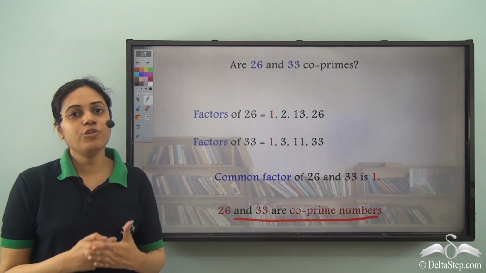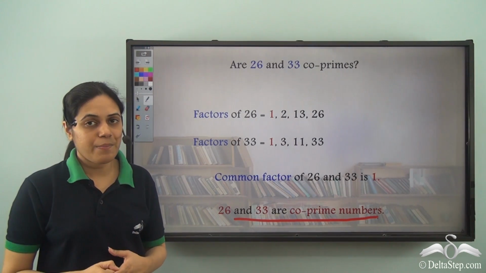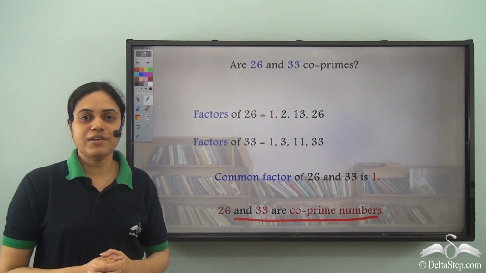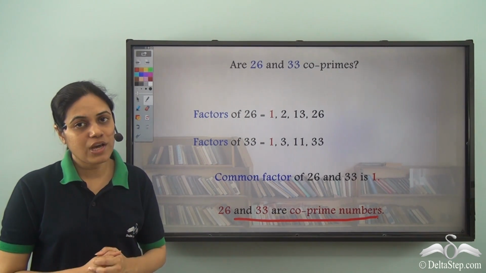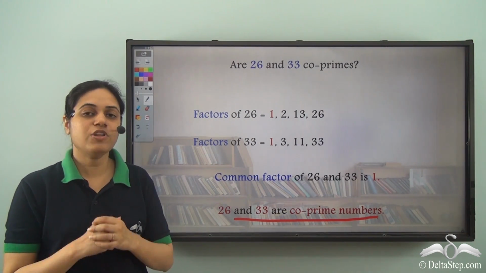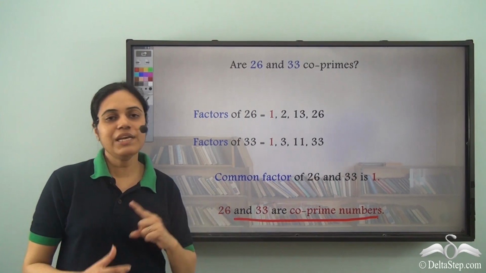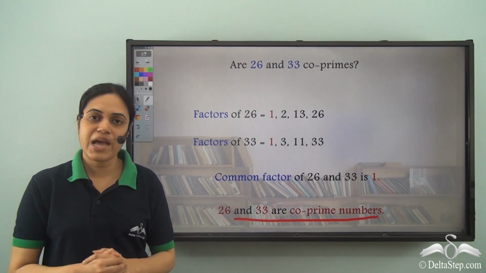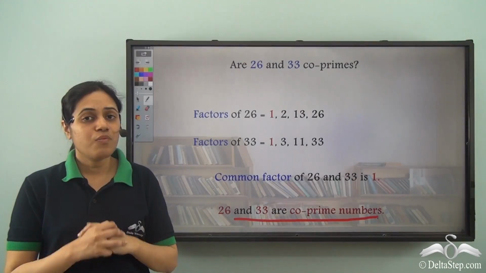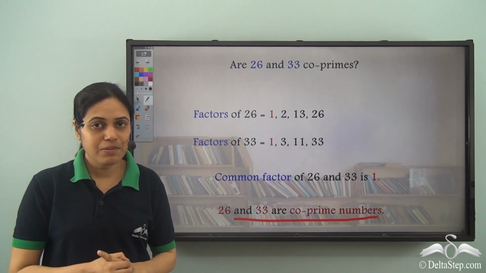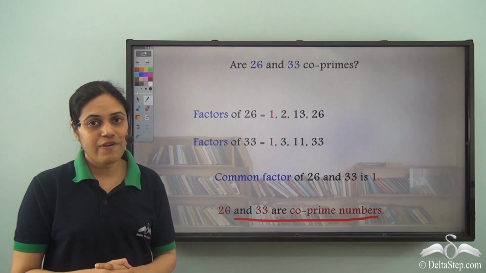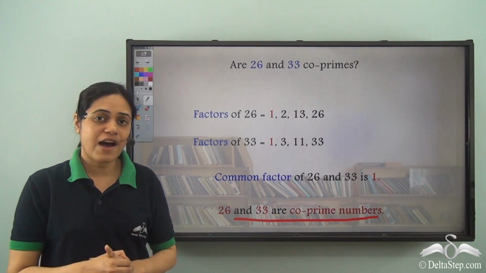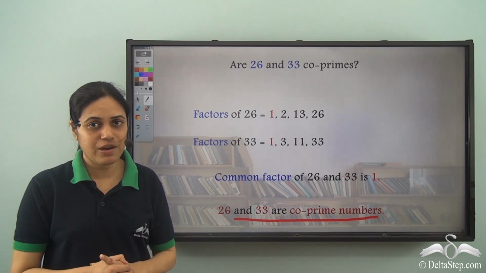So this is how you can find whether two numbers are co-prime numbers or not. Find out the common factors and see what the common factors are. If the common factor is only 1, then the numbers are called co-prime numbers. 1 is the minimum number of common factors which two or more numbers can have, because 1 will be a factor of every number.